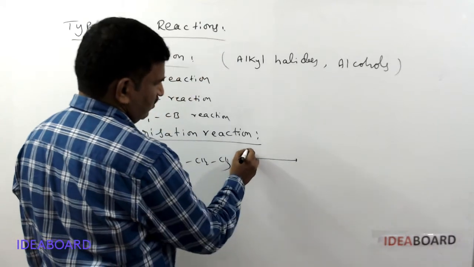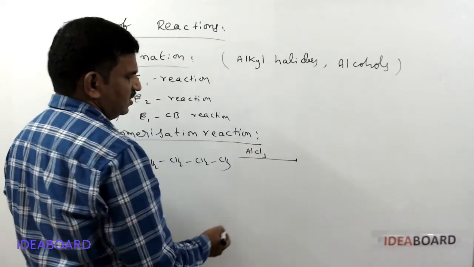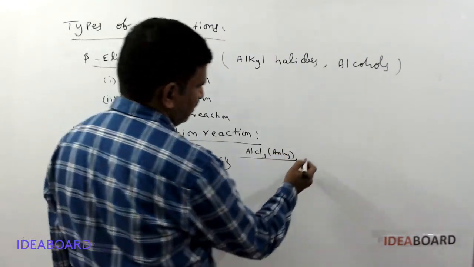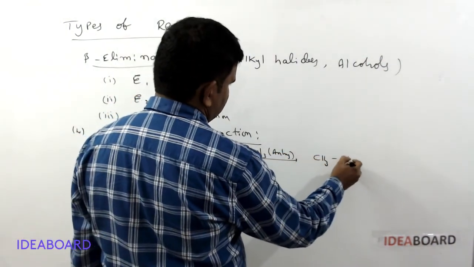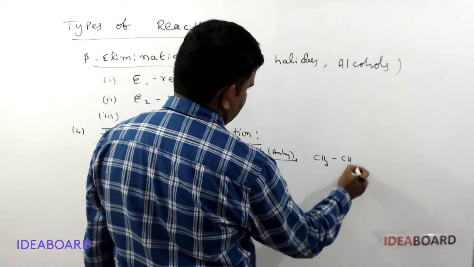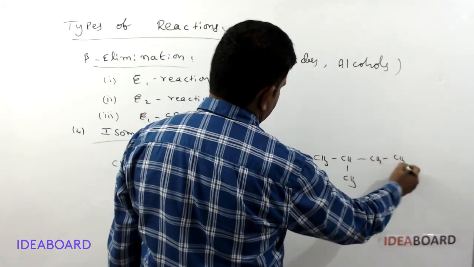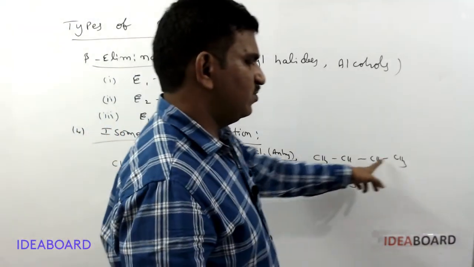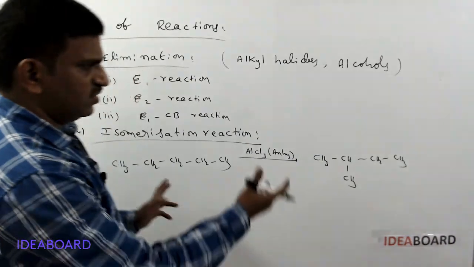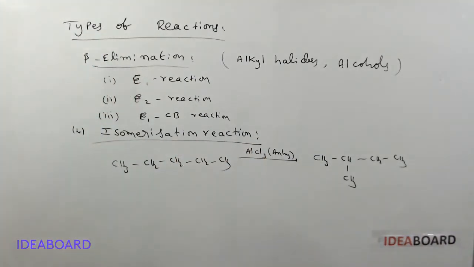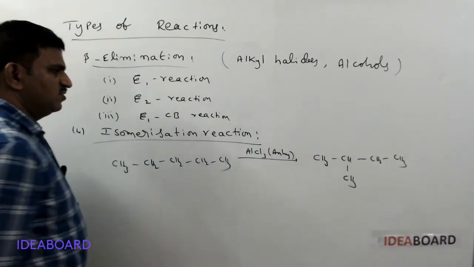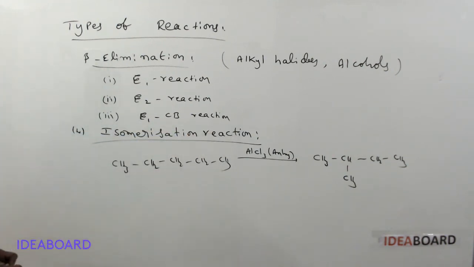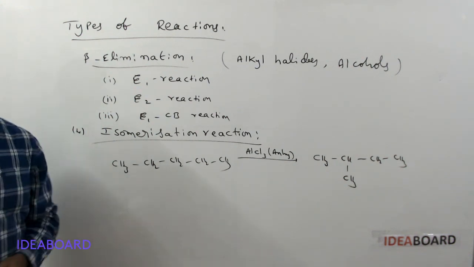In the presence of anhydrous AlCl3, it is converted to CH3CH(CH3)CH2CH3. n-Pentane is converted to 2-methylbutane. Both are chain isomers. This type, where one isomer converts into another, is called isomerization or rearrangement reactions. These are the different types of reactions.